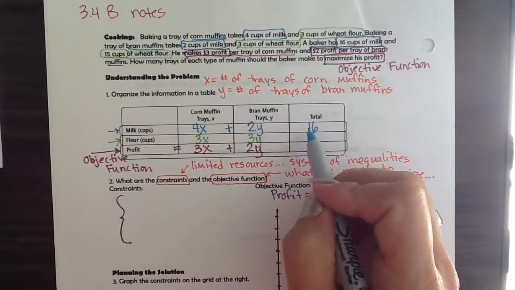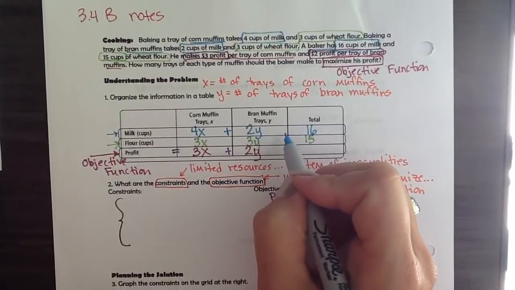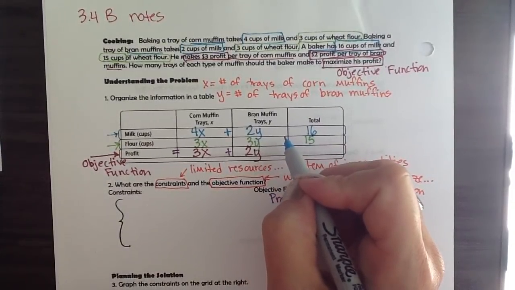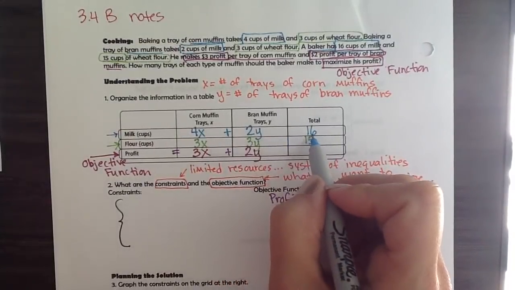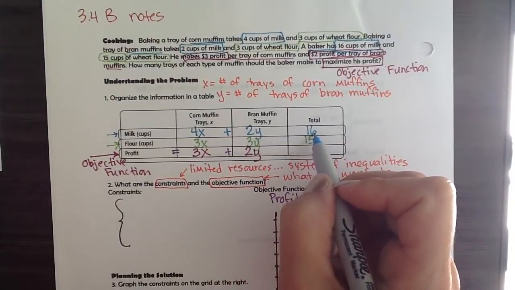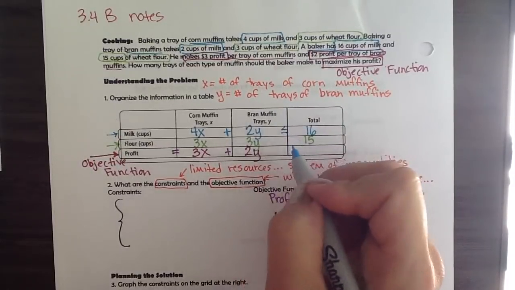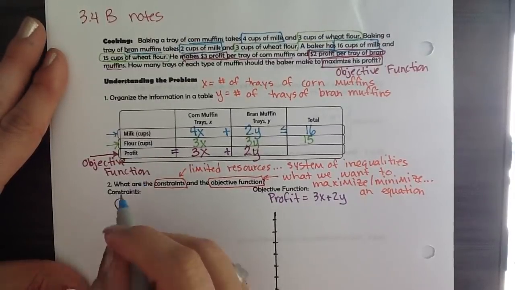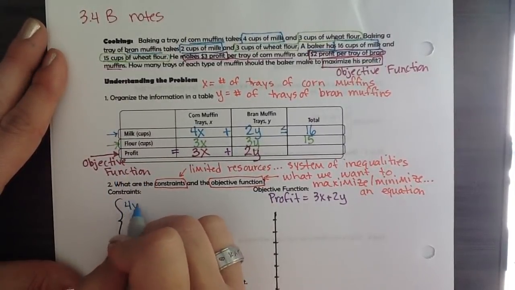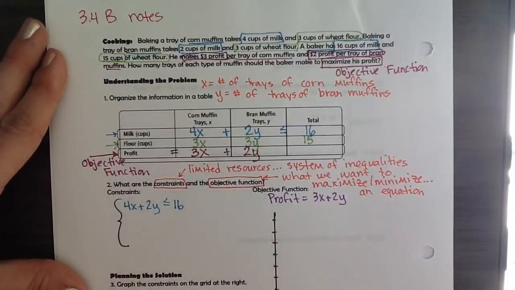And while he certainly can use all 16 cups, so I could put equals 16, he doesn't have to use all 16 cups, so I want to make it show that he could use up to 16 cups but no more than 16 cups. So I'm going to use less than or equal to. And that's going to be one of my systems of inequalities. So I'll have 4x plus 2y is less than or equal to 16.